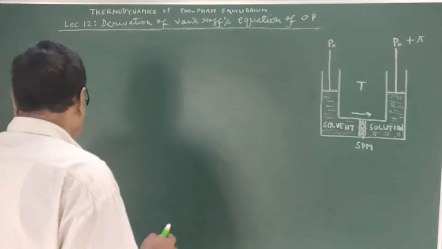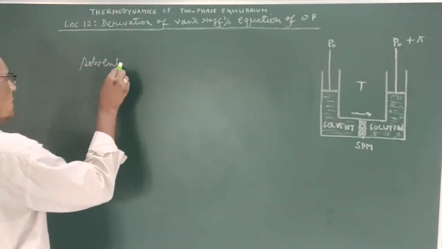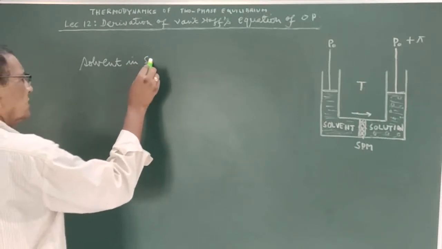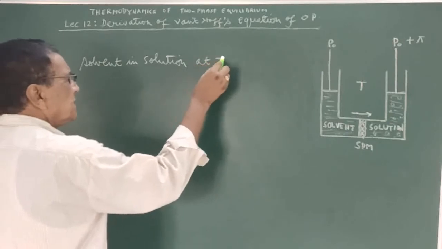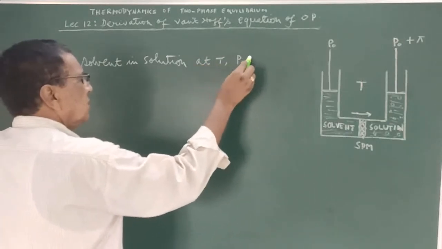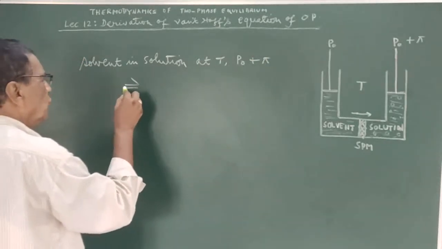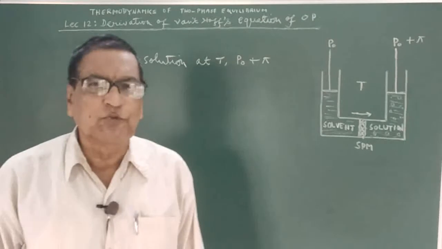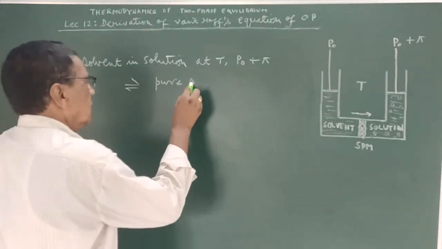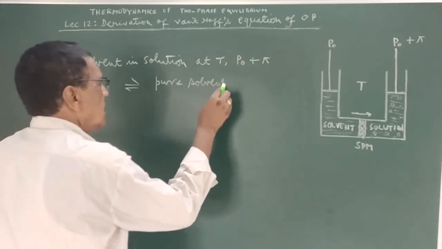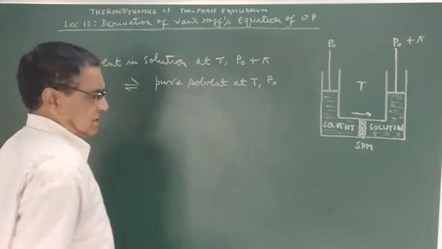We can write here that the solvent in solution at a temperature T and pressure P0 plus pi is in equilibrium with the pure solvent at a temperature T and pressure P0.